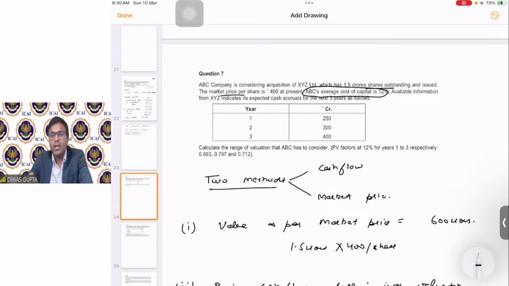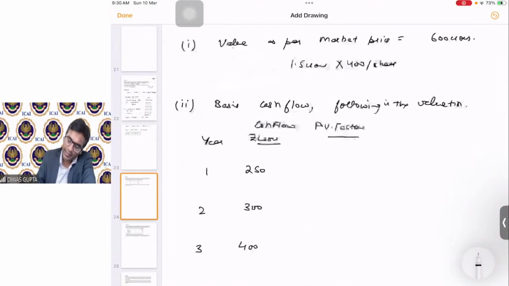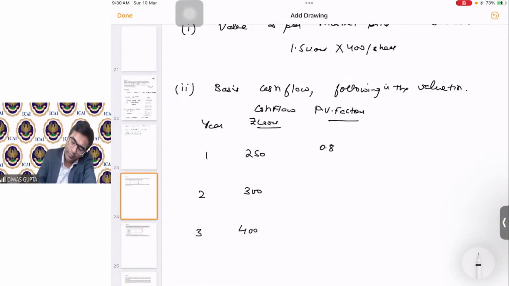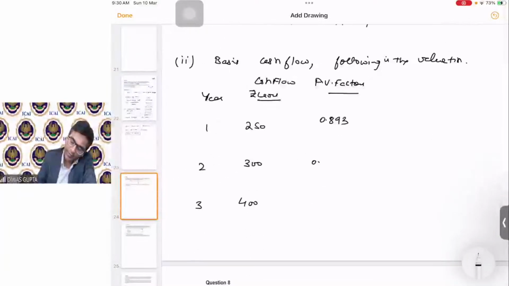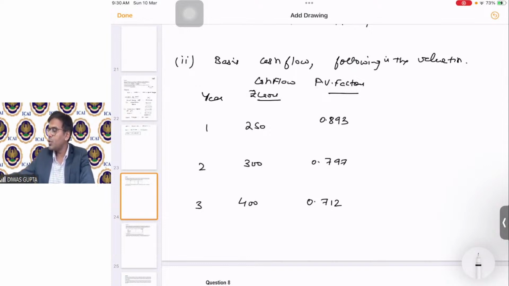So it will be taken as 12% from ABC's point of view, which are also given in the question, 0.893, 0.797, 0.712.